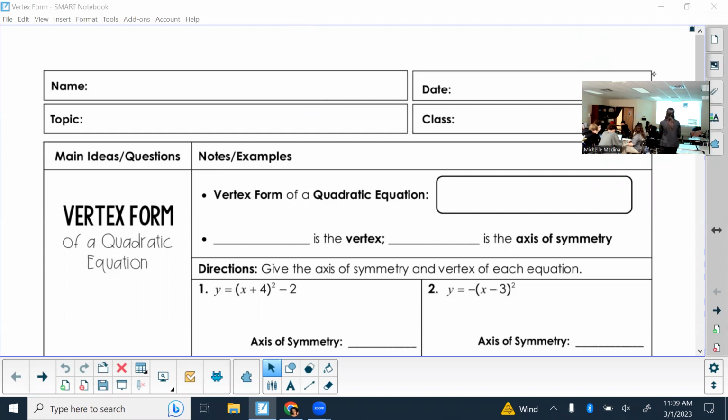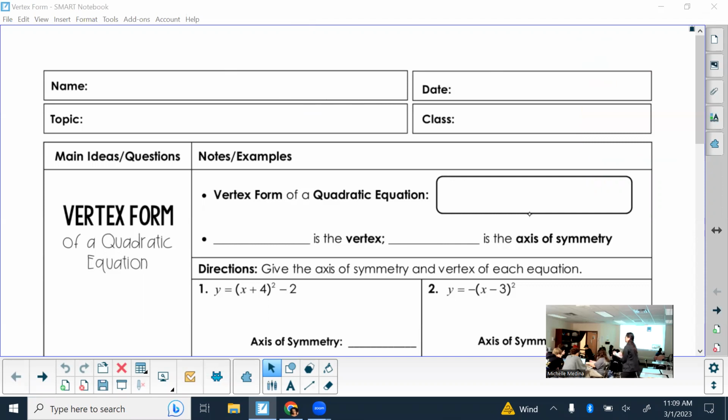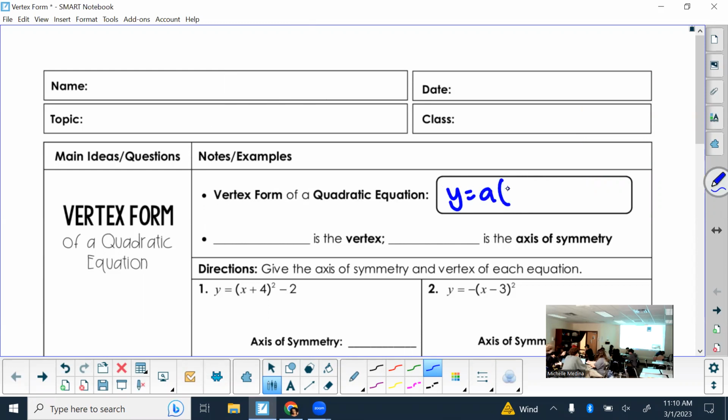So with vertex form, which is a new form that you guys will learn, that one also has pros and cons. So the vertex form of a quadratic equation, you can fill this in: y equals a parentheses x minus h close parentheses squared plus k.